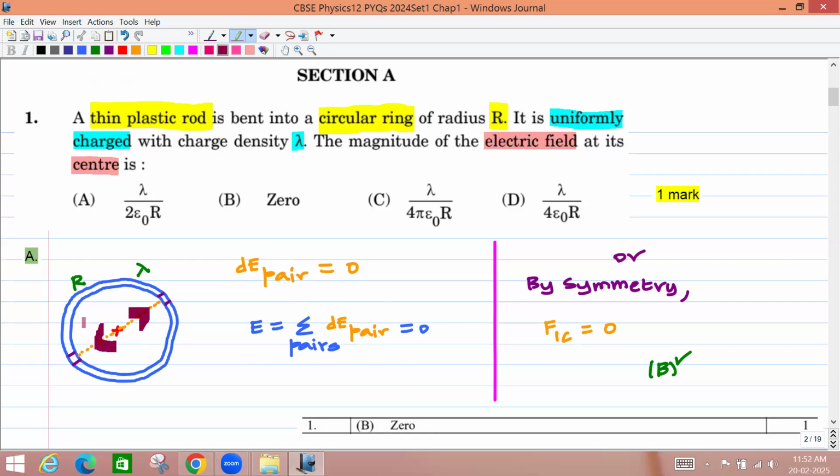Another way to get the answer is, place 1 coulomb here. By symmetry, the force on that will be 0 because it will get equally repelled in all directions. 1 coulomb placed in the center.